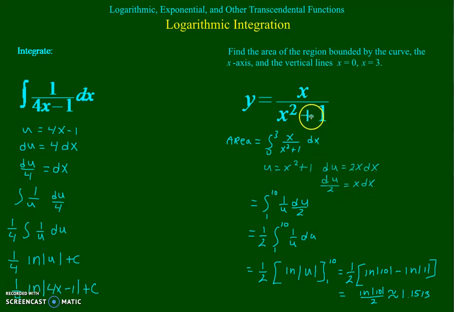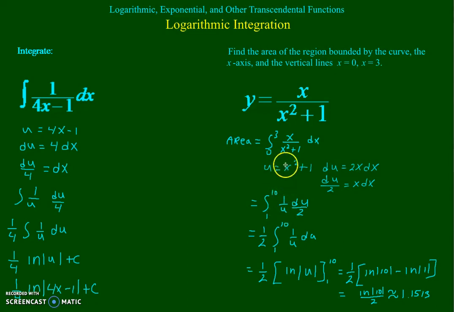We substitute back in, and this x dx takes care of the x here and the dx here, and we have 1 over u, so it's 1 over u du over 2. Now you'll notice that I had to change my limits of integration because we're no longer integrating with respect to x, we're integrating with respect to u.